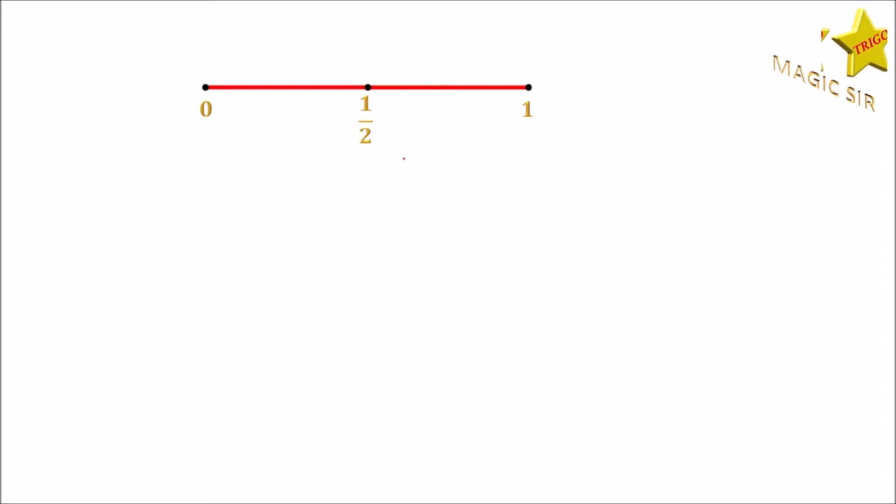But if we cut it into 4 equal parts, the length of each part is a quarter. First part is 1 upon 4, second part is 1 upon 4, third part is 1 upon 4 and the last is 1 upon 4.